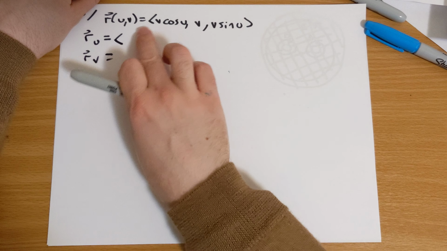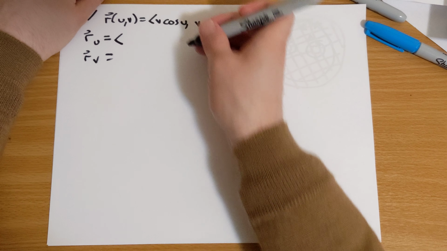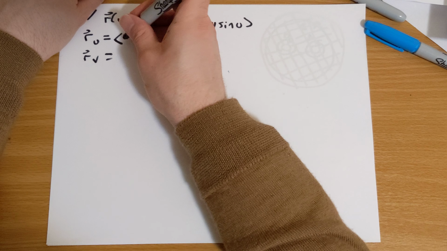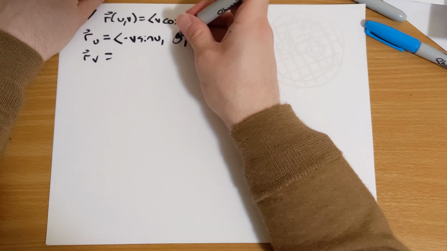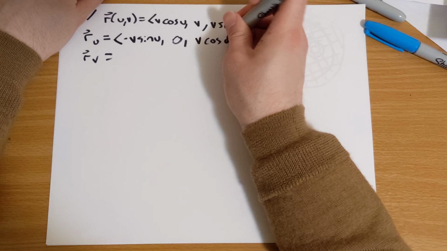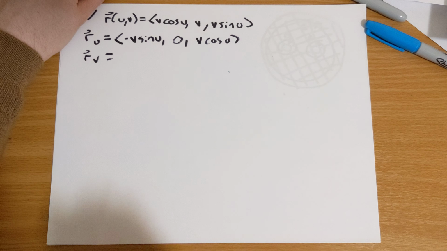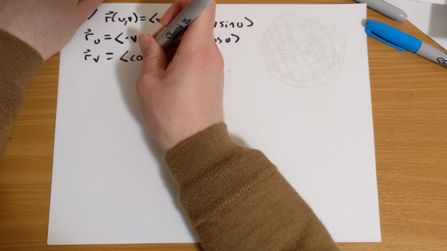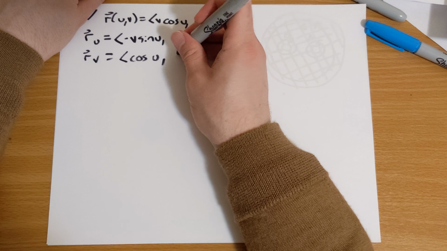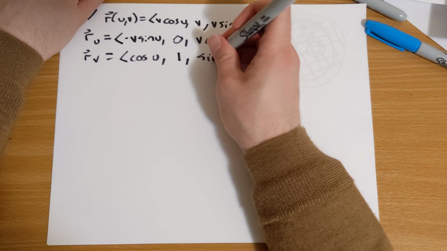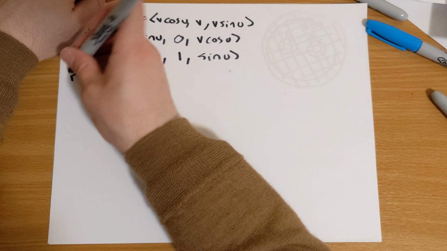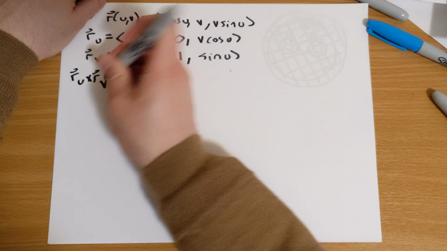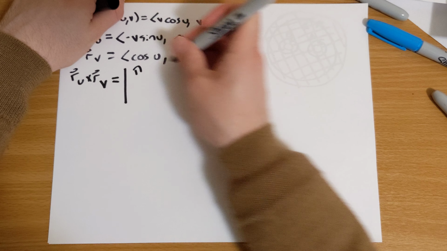So the partial derivative with respect to u will be minus v sine u, 0, and v cosine u. The partial derivative with respect to v will be cosine u, 1, and sine u. So now we have to take a cross product of r_u and r_v. This will give us a normal vector.